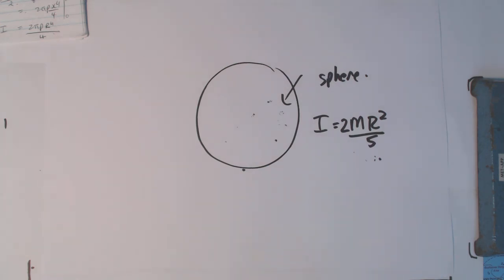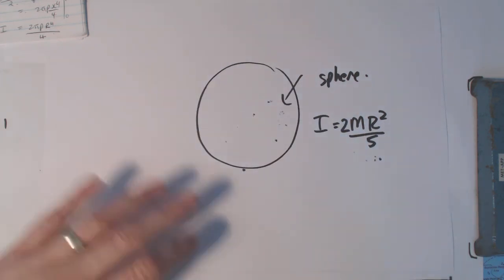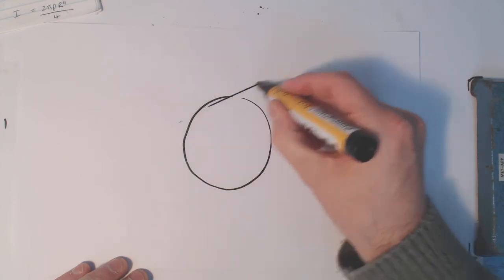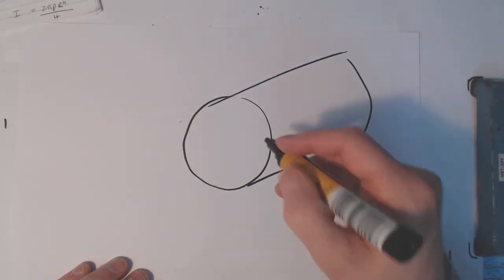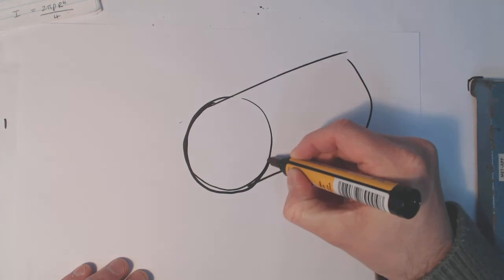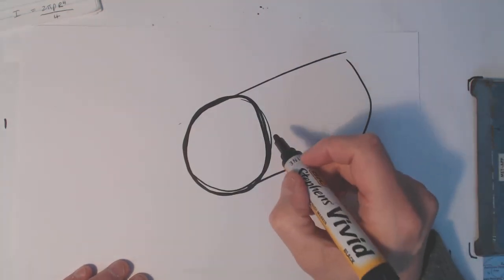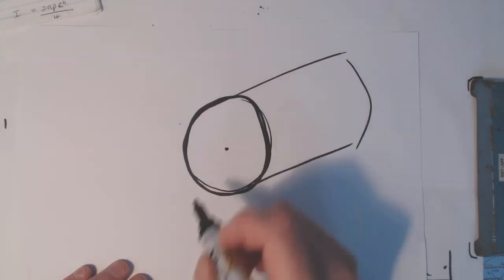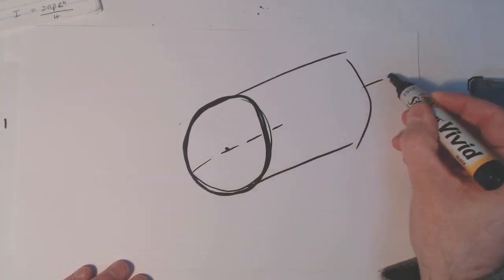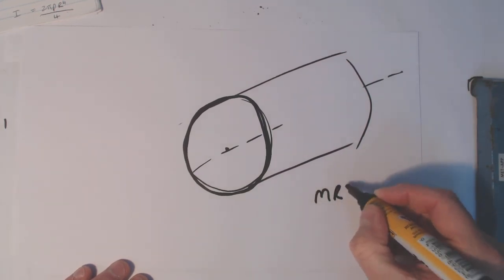Okay, you could have a cylinder, a hollow cylinder, right? If we had a hollow cylinder, what would I be? Well, a hollow cylinder, one like that that's got a certain amount of distance, if all the mass is at this radius, right, then all the mass is at that radius, and if we rotate it about that center point, then it's going to be mr squared.